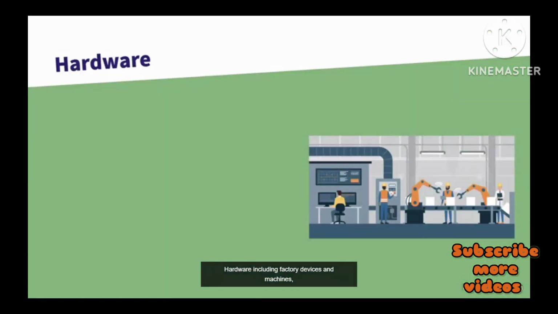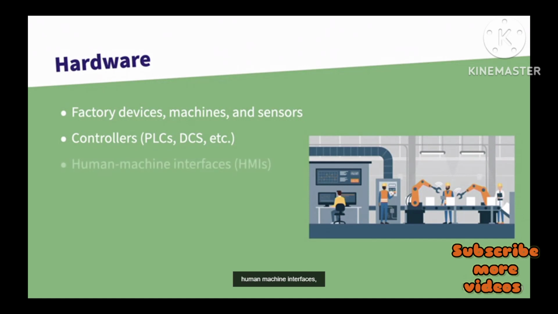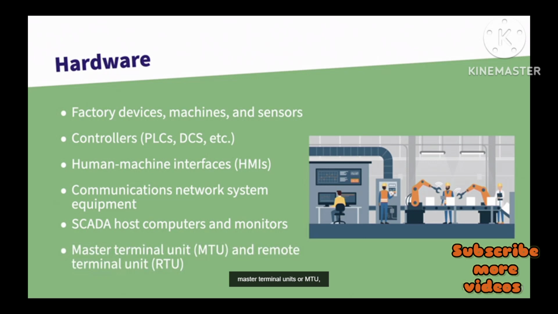Hardware includes factory devices and machines, field sensors, controllers like PLCs, DCS, human-machine interfaces, communication network system equipment, SCADA host computers and monitors, master terminal units or MTU, and remote terminal unit or RTU.